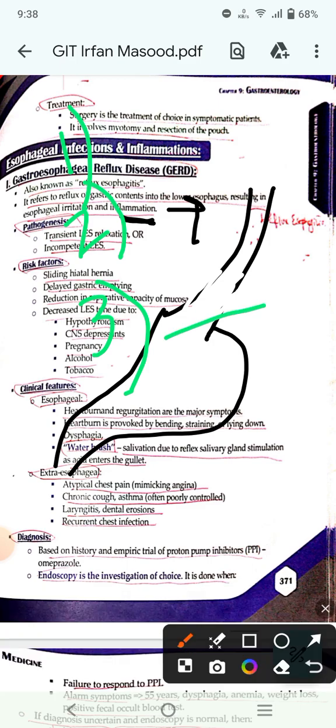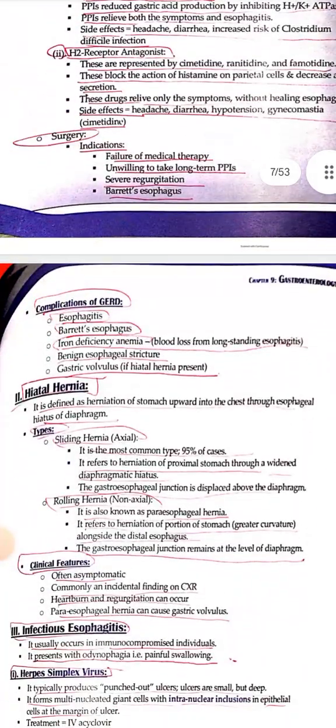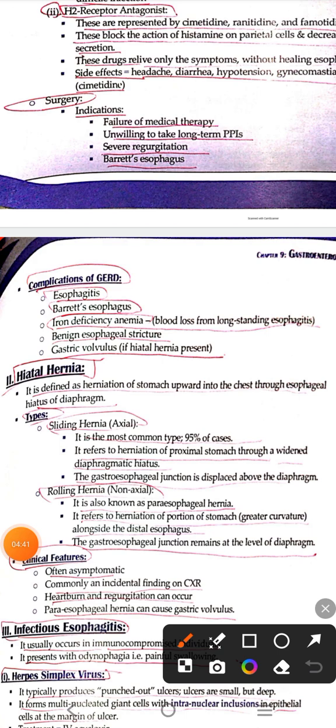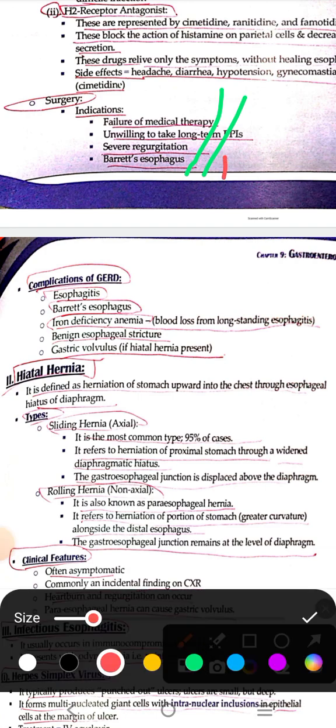Moreover, there are other complications written over here. Just consider that this was the lower portion of the esophagus. Around it there are some vessels, right? Due to that inflammation or irritation occurring over here, these vessels can also rupture, due to which there can be iron deficiency anemia, right?